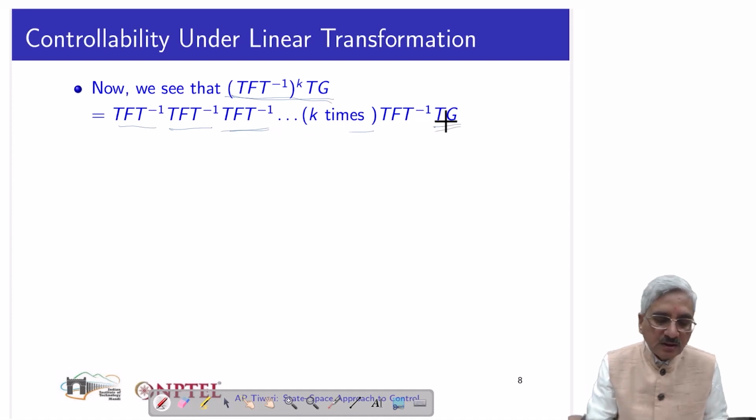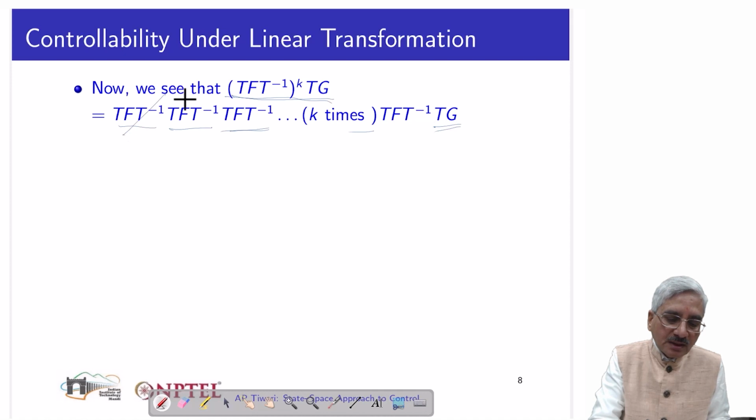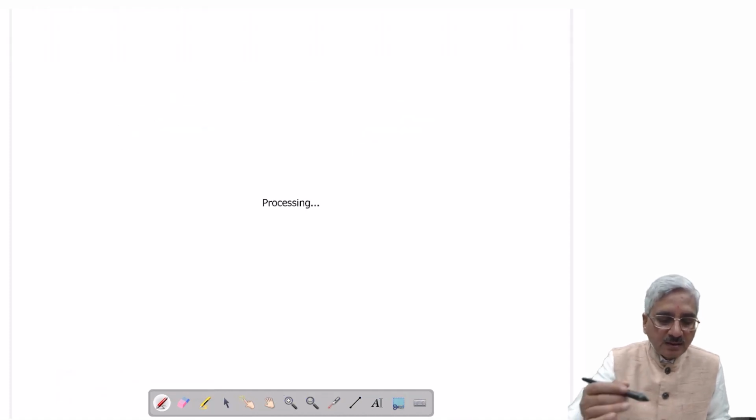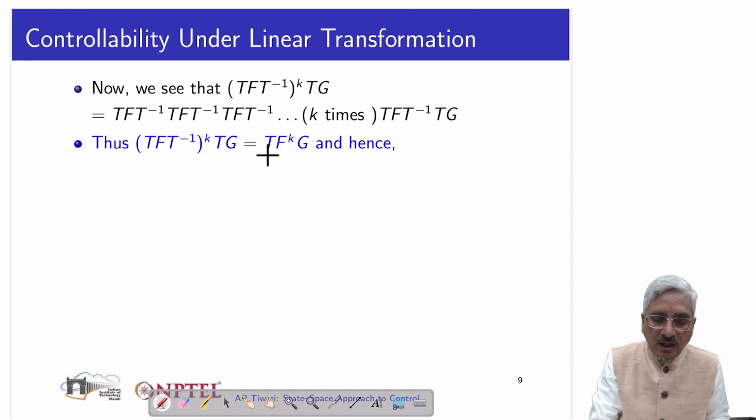Now we see that this T inverse cancels with the next T, and so on, and we are only left with T F power k into G. T on the left is left and G on the right is left.